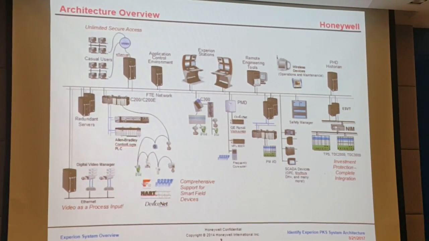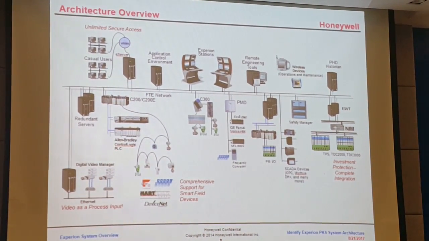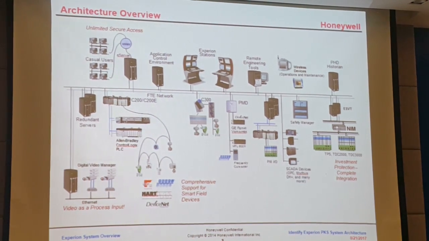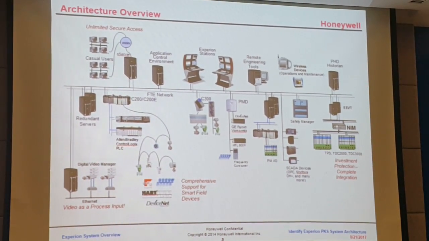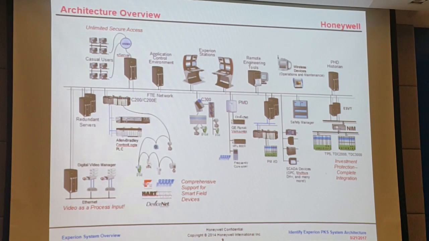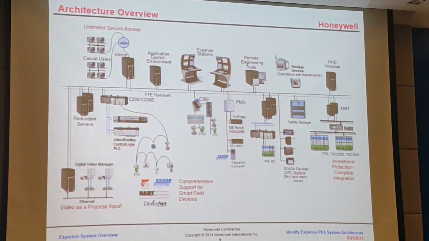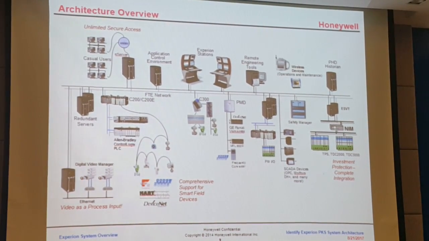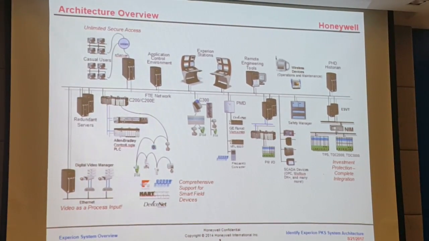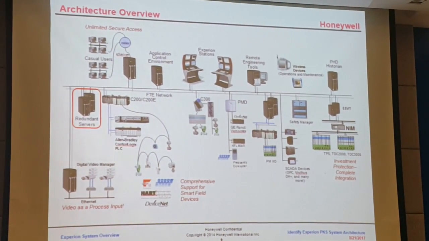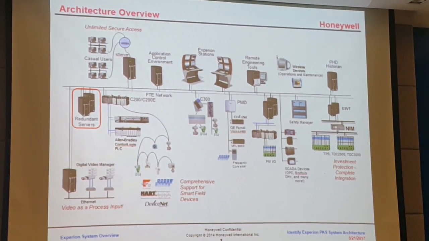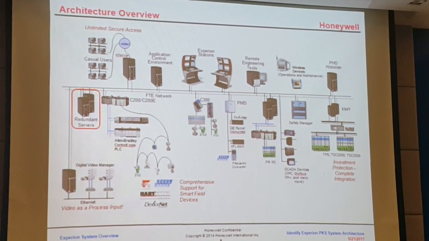The slide shows an experience system that has many different components. The picture is important to display the different components of the system. Let's start with the component that is the center of the experience system, the redundant server here. It's the center of the experience PKS system.